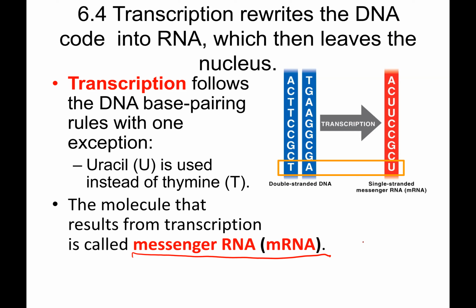There are different types of RNA that we will talk about. There's mRNA, there's tRNA, and rRNA. Okay, so mRNA is the coding sequence. tRNA we'll talk about later. We may not talk about it today. And then rRNA is ribosomal RNA.